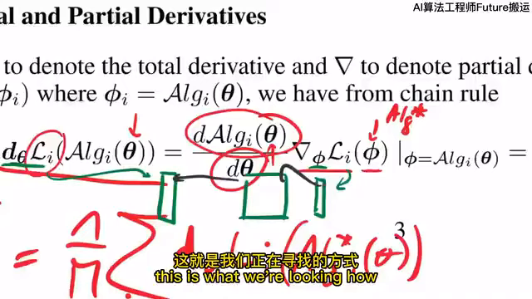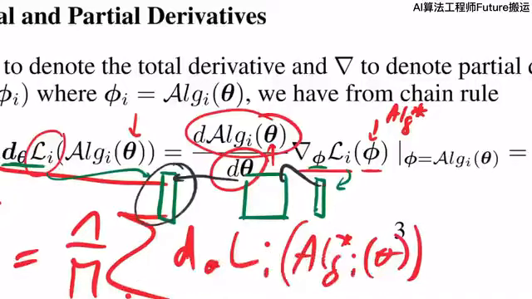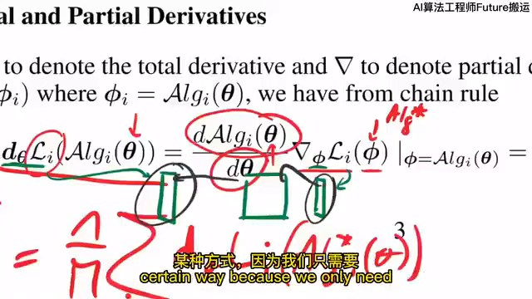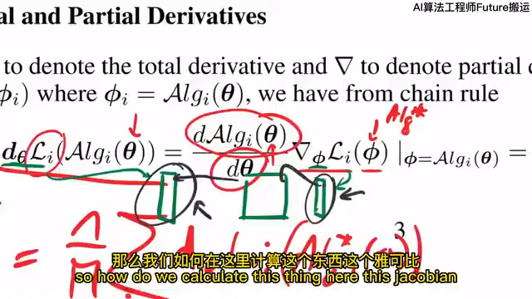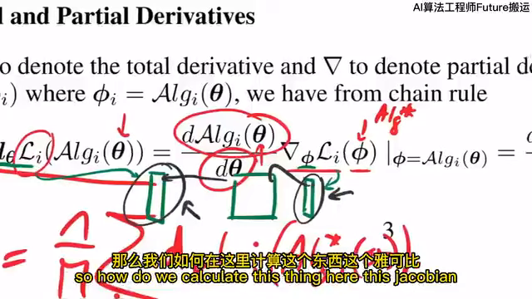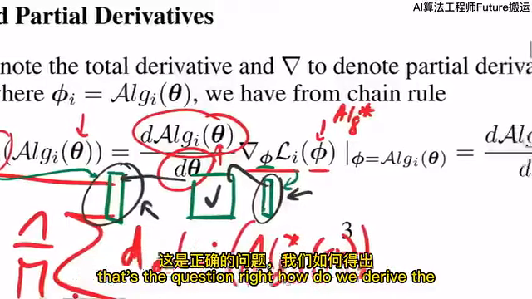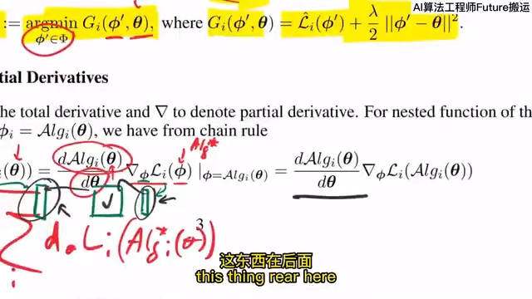This is what we're looking for. How do we need to change the initial parameters in order to change the end parameters in a certain way, because we only know this, but we want to know this. So how do we calculate this thing here, this Jacobian? How do we derive the algorithmic procedure, this thing here?